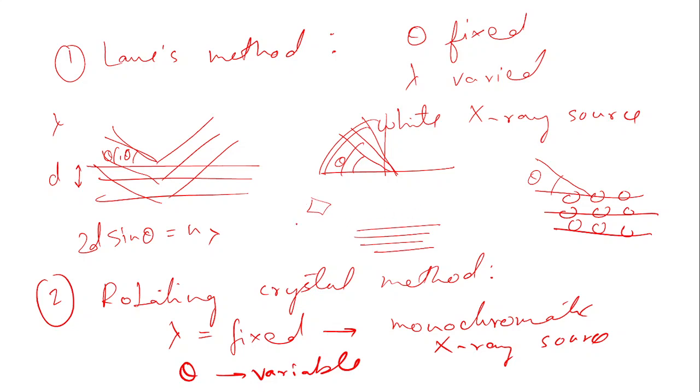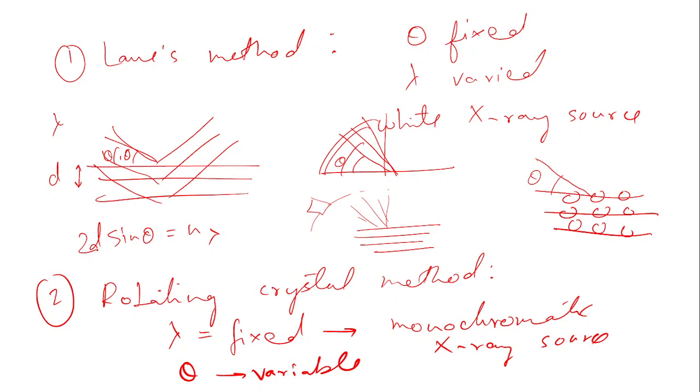Then we change the angle of the source, from small angle to high angle, and this is how we change the incidence angle. The d of the sample is naturally fixed, so corresponding to different angles, the condition will be satisfied for different d's.